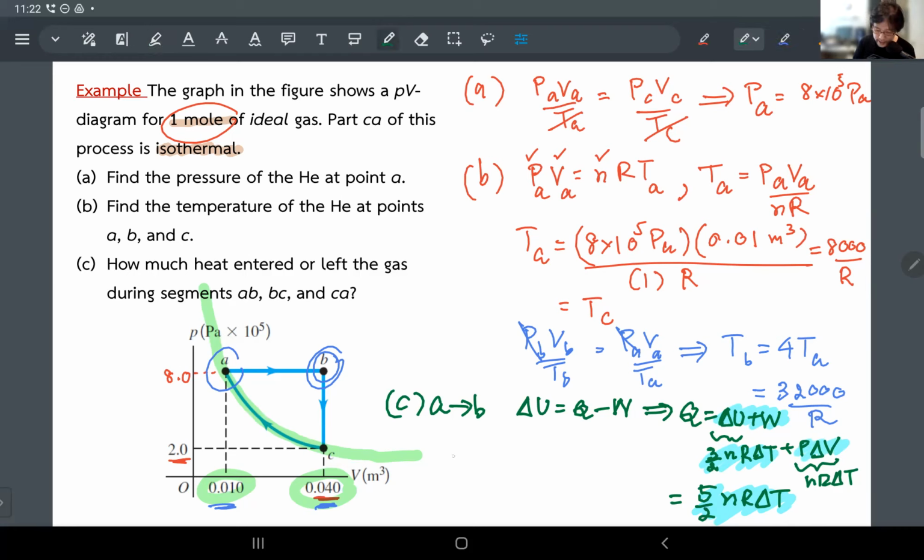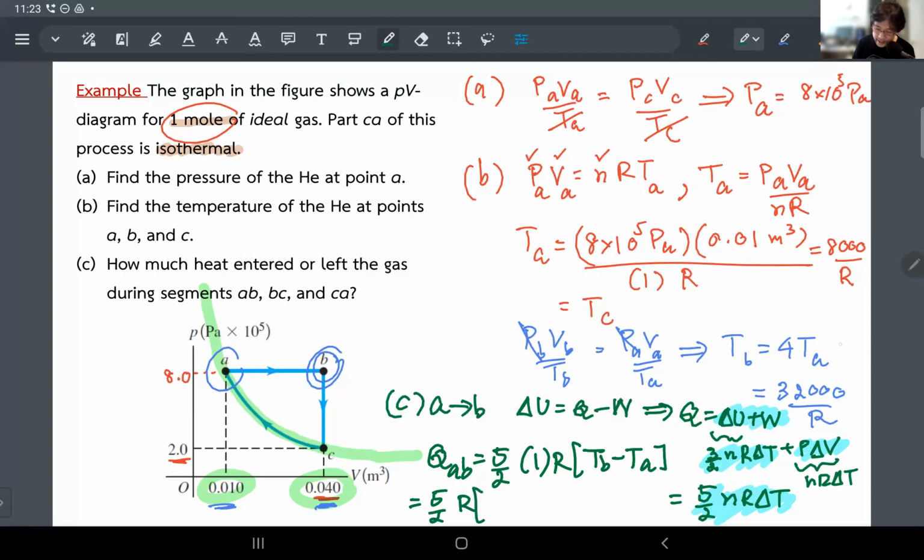Heat from A to B is 5/2, n is 1 mole, R is R. Delta T is T final minus T initial, so it's going to be T at B minus T at A. We have already known the temperatures at B and at A. All you need to do is substitute the values.